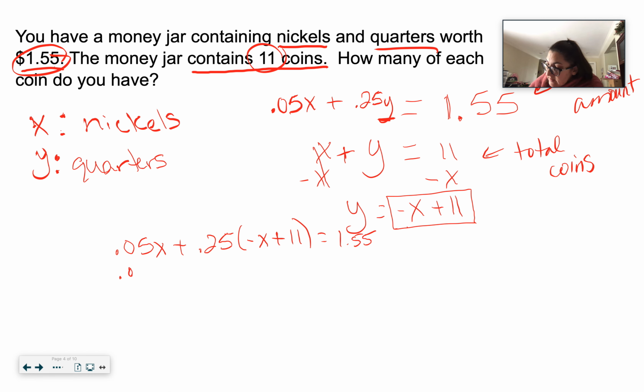So I'm going to bring this down over here, and I'm going to distribute this. So 0.25 times negative x is just going to be minus negative x. I'm going to go ahead and erase this plus sign and make it a minus sign.